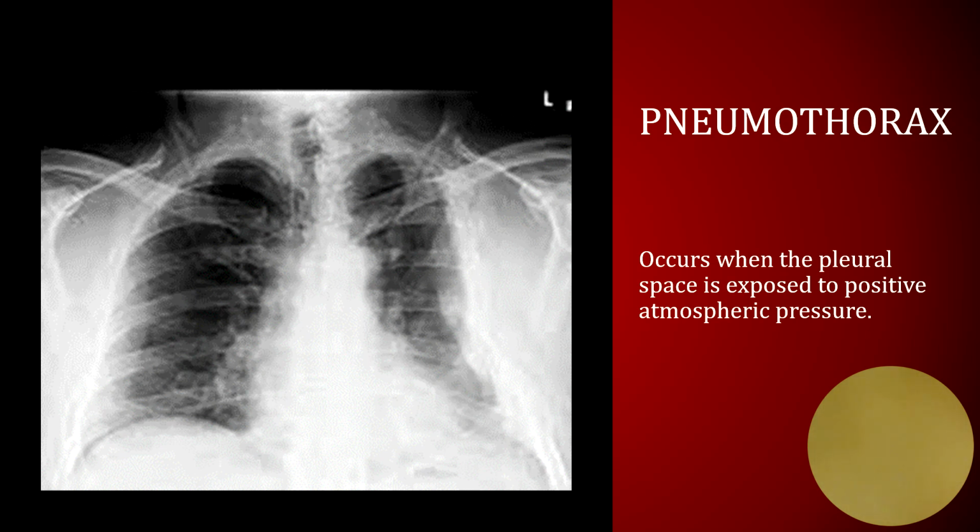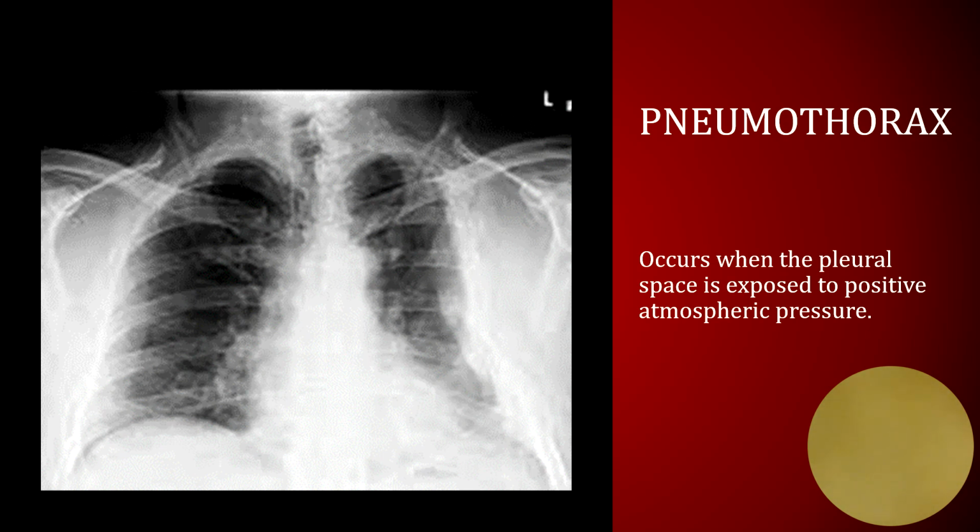It's often caused by blunt trauma or a penetrating wound from a stabbing or a gunshot. It could also be a complication of a medical procedure, such as starting a subclavian IV where the needle slipped and we punctured the lung. It could be caused by a rib fracture.